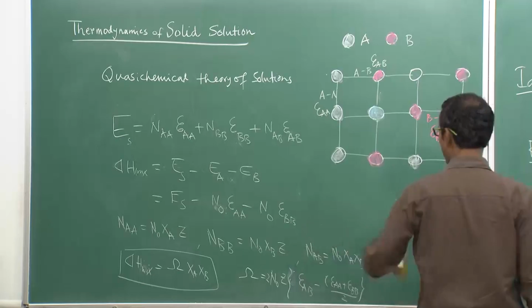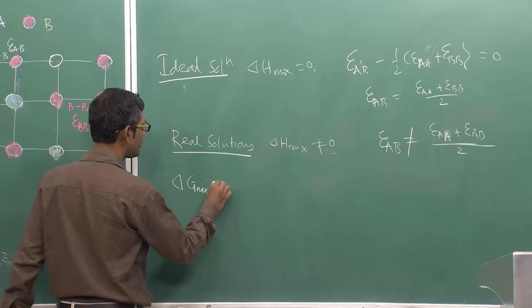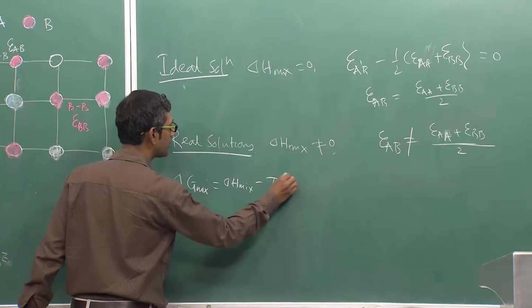So, now if I know delta H mix, I can write down delta G mix is equal to delta H mix minus T delta S mix.